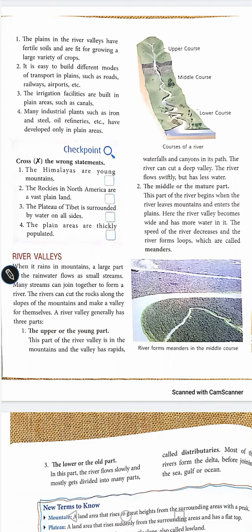The upper or the young part: this part of the river is in the mountains. Like the Ganga originates from the Gangotri glacier, which is on the Himalaya mountain. So that Gangotri glacier part is called the upper or the young part. Then we come to the middle part. This part of the river begins when the river leaves the mountain and enters the plain.